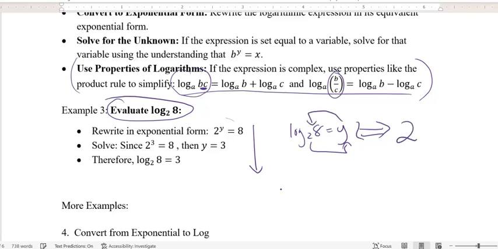Base is the same, the output becomes the input, and the input becomes the output. So 2 to the y equals 8, and then you say, what does y have to be? y has to be 3, because 2 to the third is 8. So that means the log base 2 of 8 equals 3, based on how I converted it to exponential.